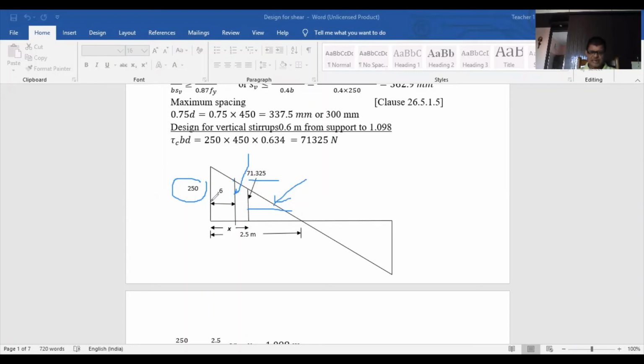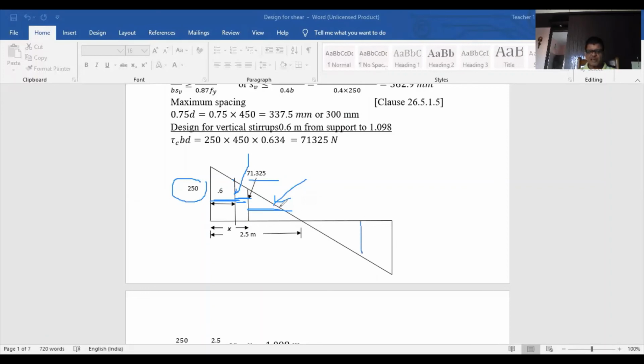And for this portion you have already designed 2-leg stirrups at 175 center to center. Now for this portion you have to design only vertical stirrups. Here there are vertical stirrups plus bent up bars. Here only vertical stirrups, and here only vertical stirrups, that is minimum shear reinforcement, because tau V will be less than tau C after this point. Beyond this point is tau C. Similar will be here.